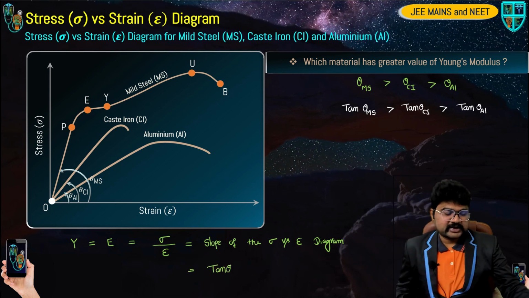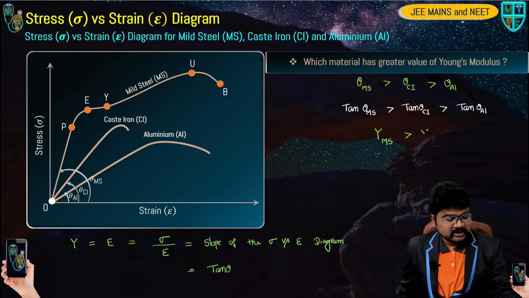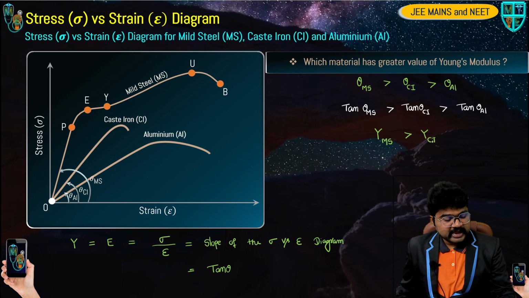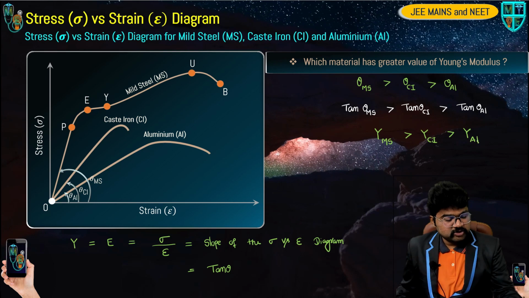So from here you can write Young's modulus of the mild steel is greater than Young's modulus of the cast iron, which is greater than Young's modulus of aluminium.